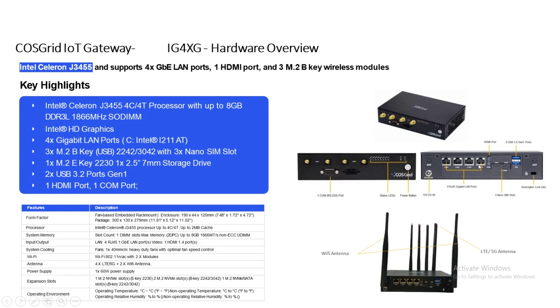There are four 1 Gbps LAN ports, one HDMI port, two USB ports, and these are the four antennas for 5G connectivity. It's a 4x4 MIMO. And these two antennas on the back side are the Wi-Fi antennas. It is powered by 12-volt DC.